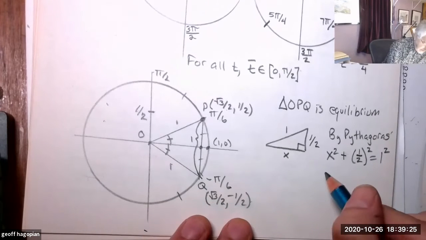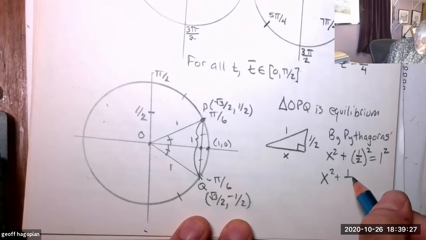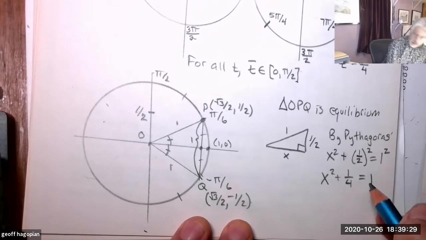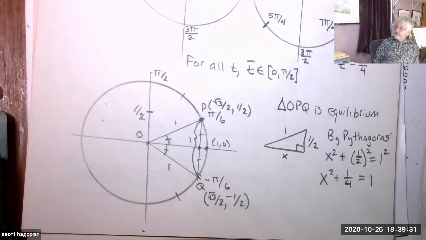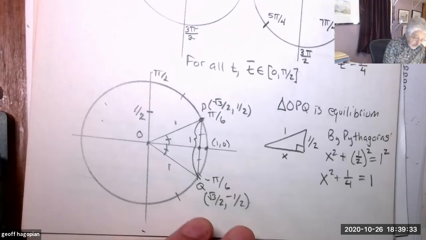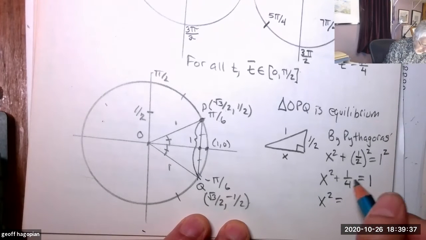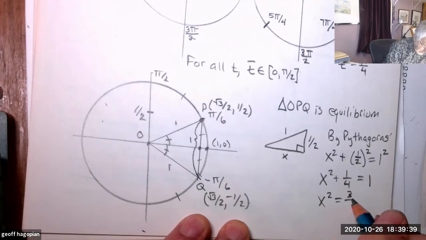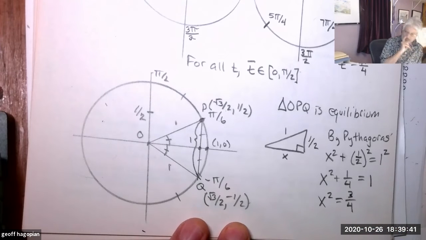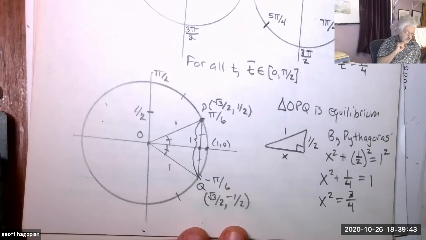And so that says that x squared plus 1/4 is equal to 1, right? And then x squared is equal to 1 take away 1/4, you got 3/4. And what's the square root of 3/4?